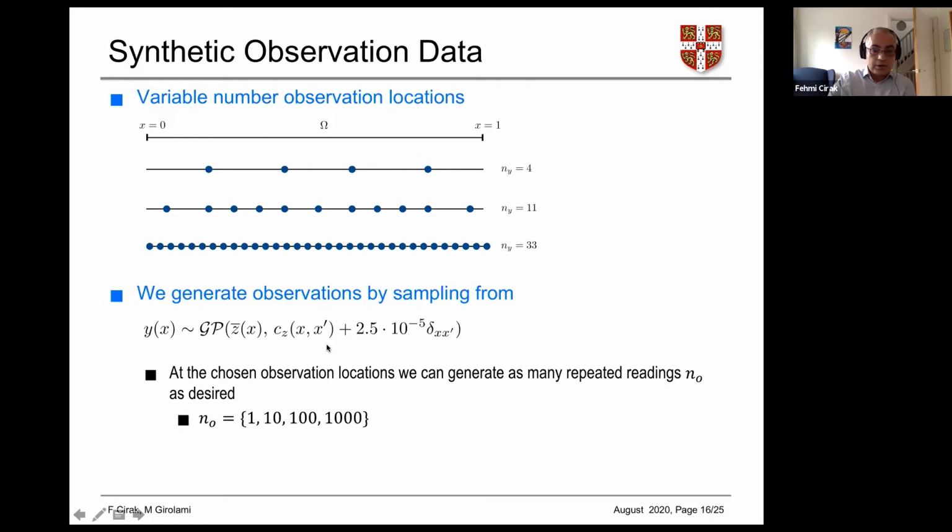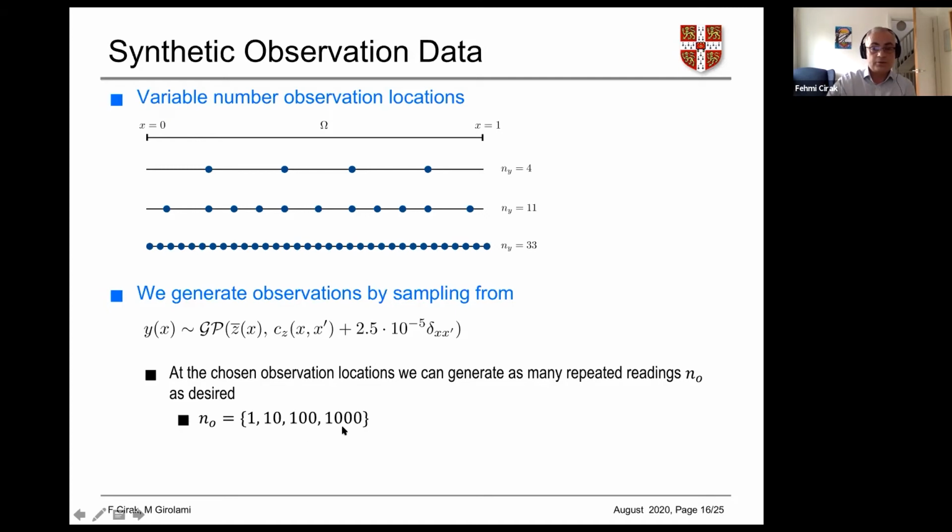And so here, these are our sensor readings, and this 2.5 times 10 to the power minus 5 is essentially the sensor accuracy. And at each of these observation locations shown here, we sampled many repeated readings, which go from 1, 10, 100, or 1,000.